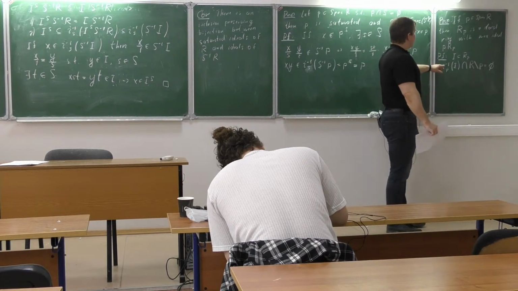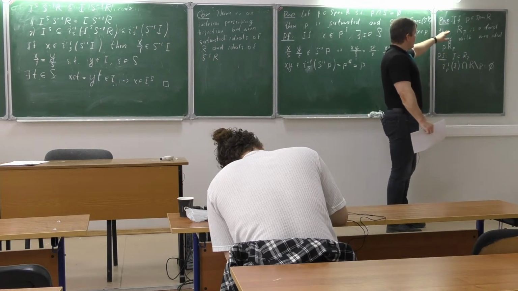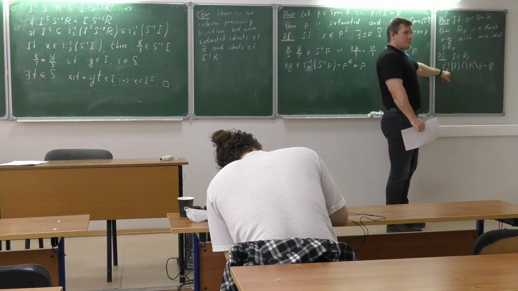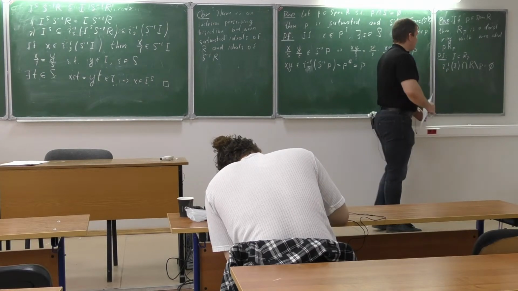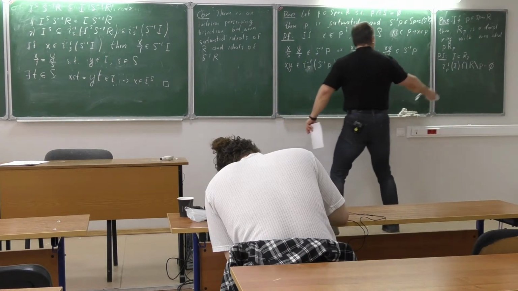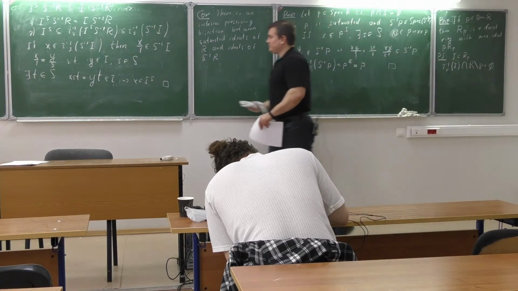Notice that when I localize at the prime ideal, I use the notation iota with subscript just this prime ideal P, not the set S. So I'm going to use several seconds to erase the blackboard. You can think about why this is true.